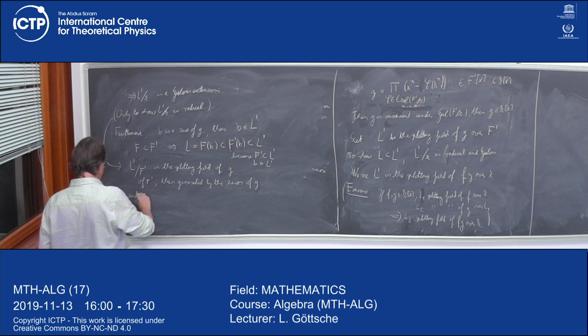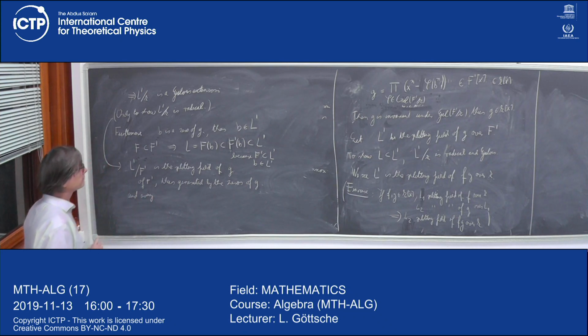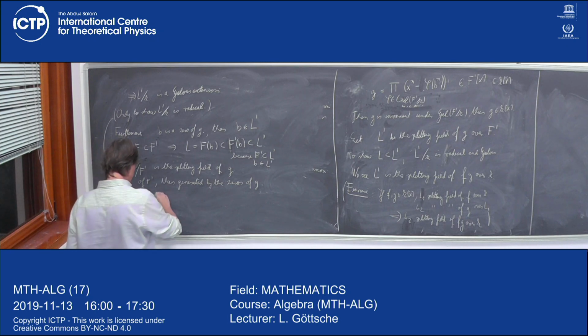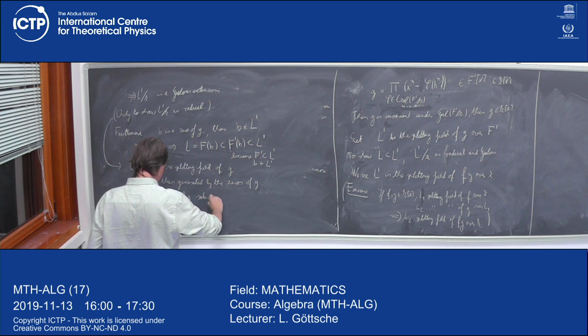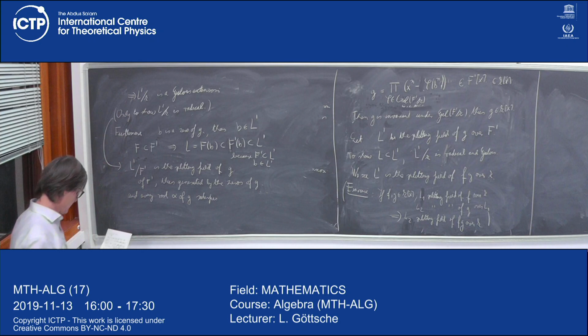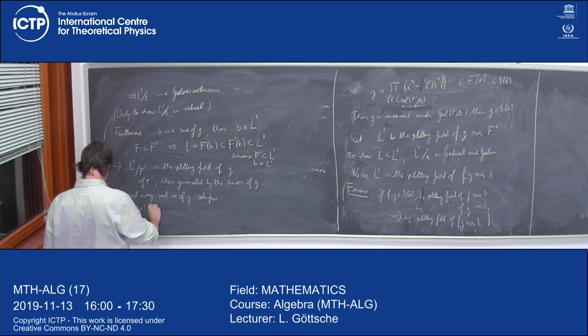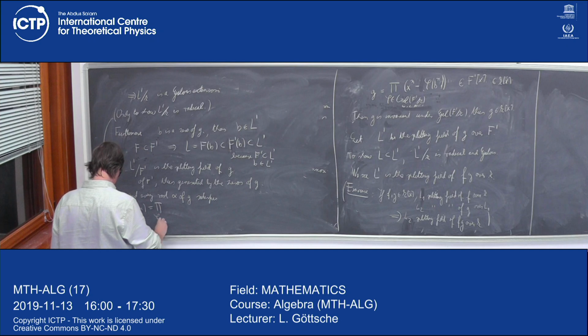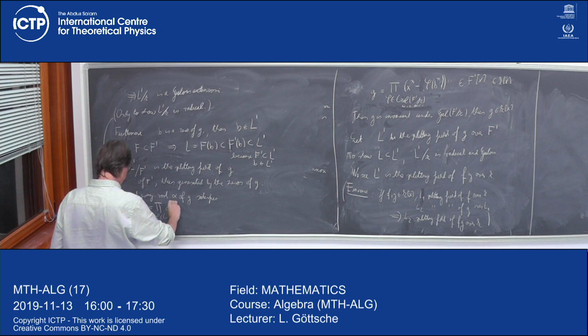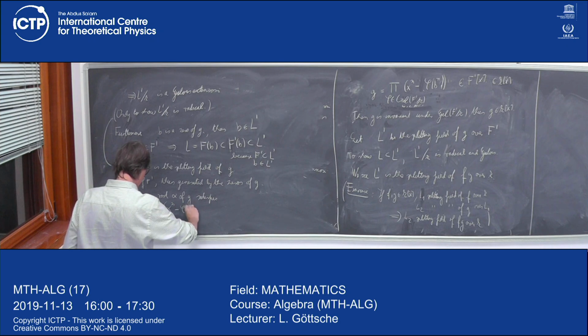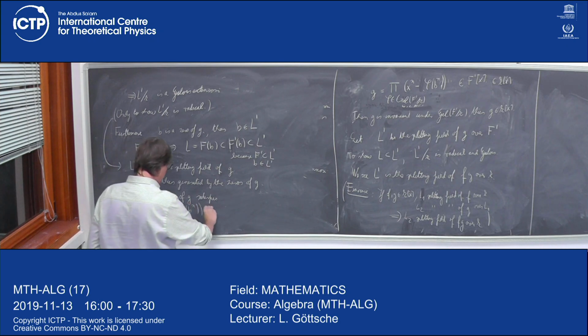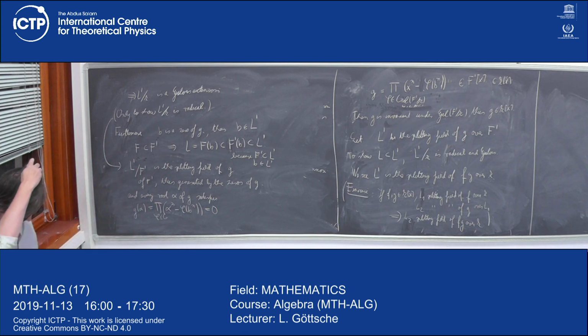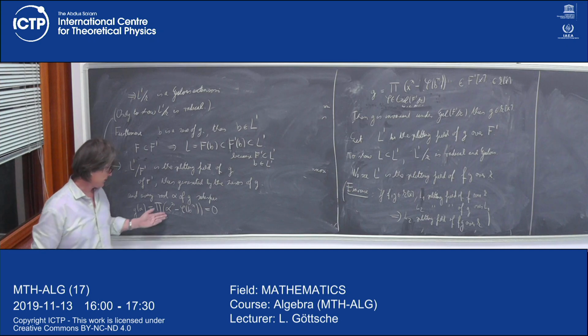And every root alpha of G satisfies obviously this equation. G of alpha is equal to the product of all phi in G, alpha to the n minus phi of b to the n, is equal to 0. So this product can only be 0 if one of the factors is 0.